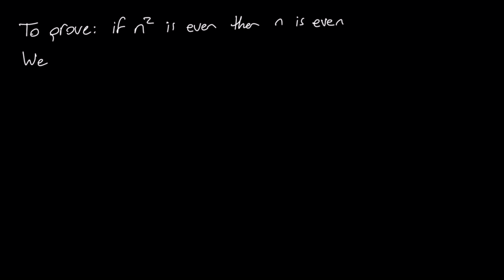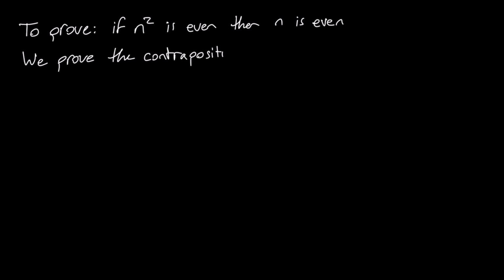All right, and with that out of the way, let's do our example. So we want to prove if n squared is even, then n is even. We are going to prove this by the contrapositive. So we might write, we prove the contrapositive.